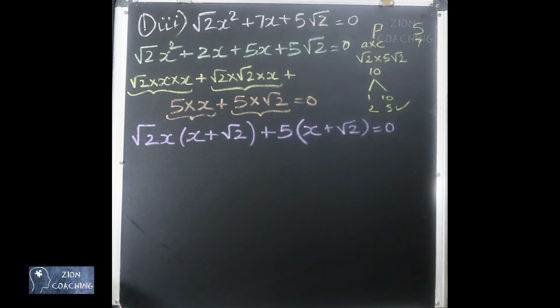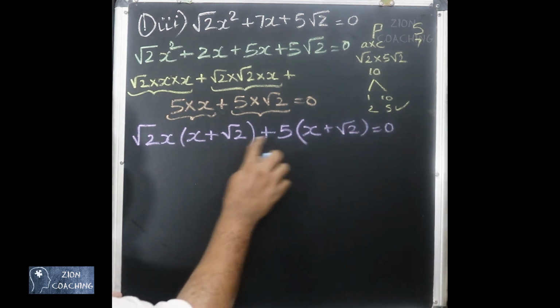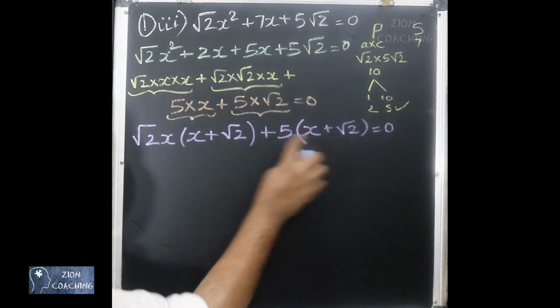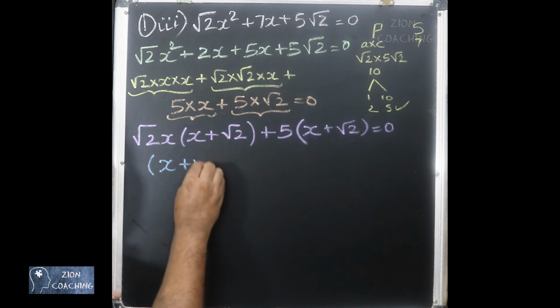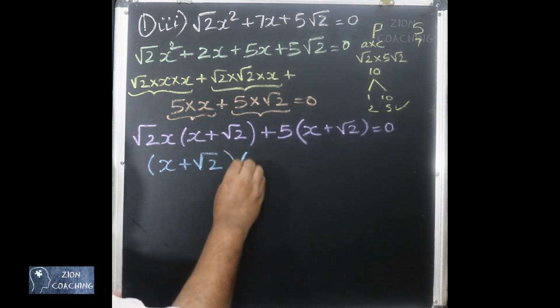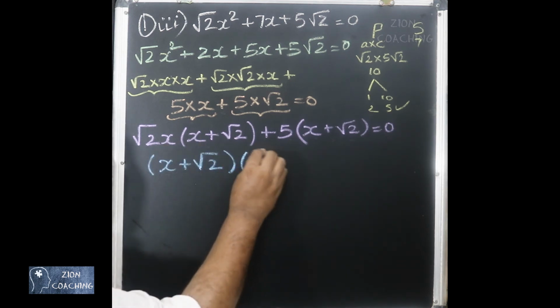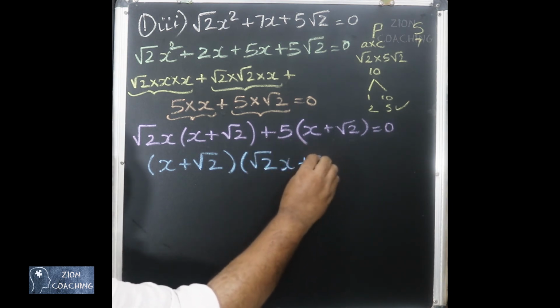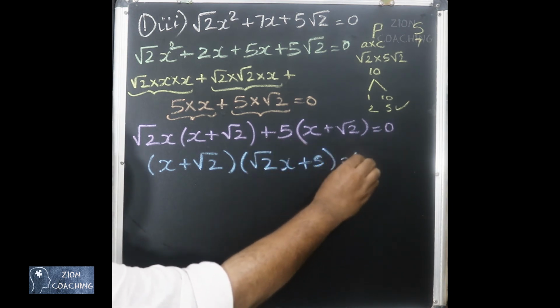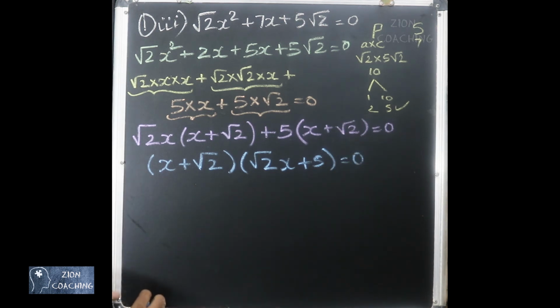Now you can see clearly that x plus root 2 is common in these two. So taking that x plus root 2 commonly outside, then we have root 2x plus 5 equal to 0.